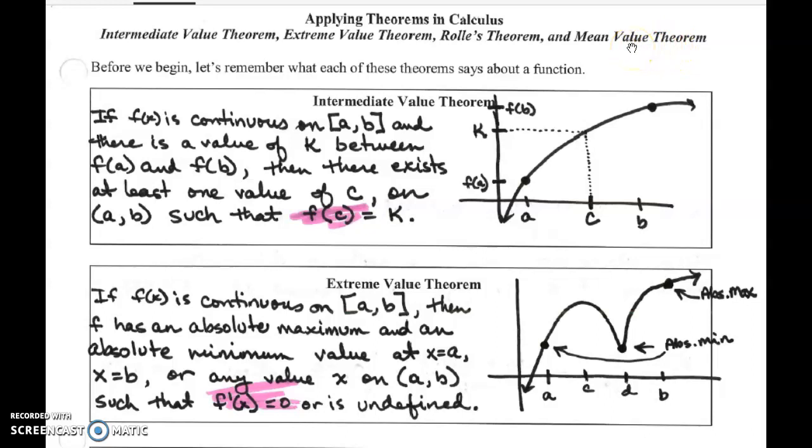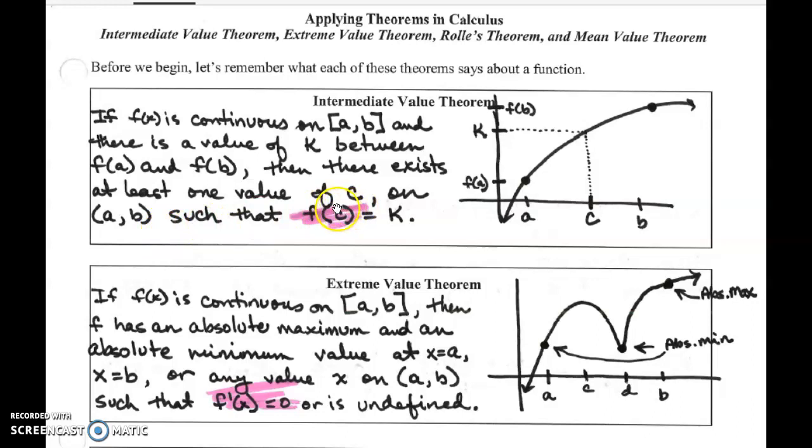As a reminder, you may want to pause the video and write down word for word, and maybe reference this piece of paper over and over again in the future. This is how it would be written in a book. Because this is from Unit 1, I believe, the intermediate value theorem is just saying if we have a continuous function on a closed interval, then there's some value c on the open interval.